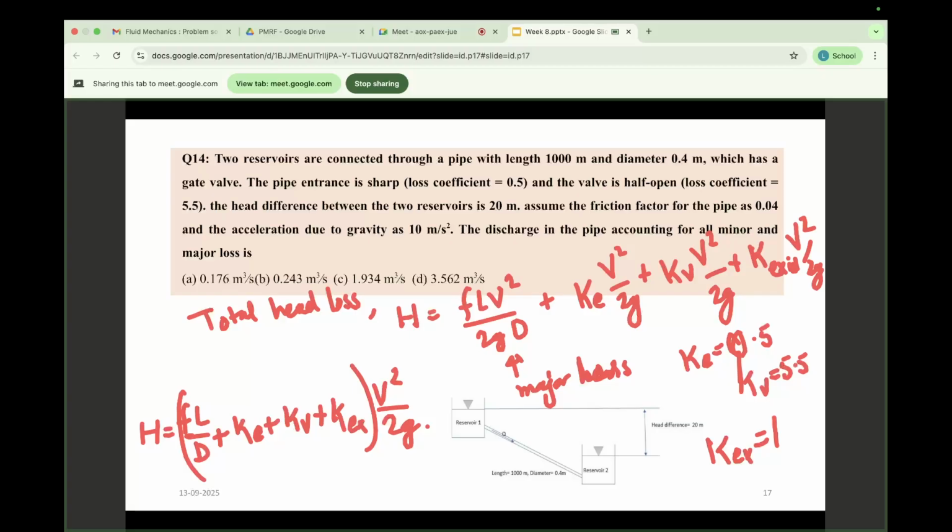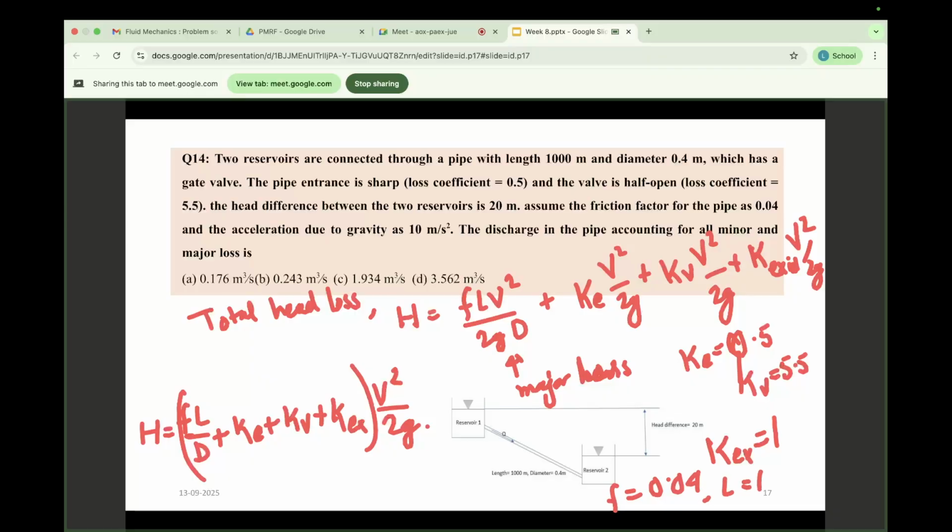So I can put the values. Friction factor is known, F is 0.04.